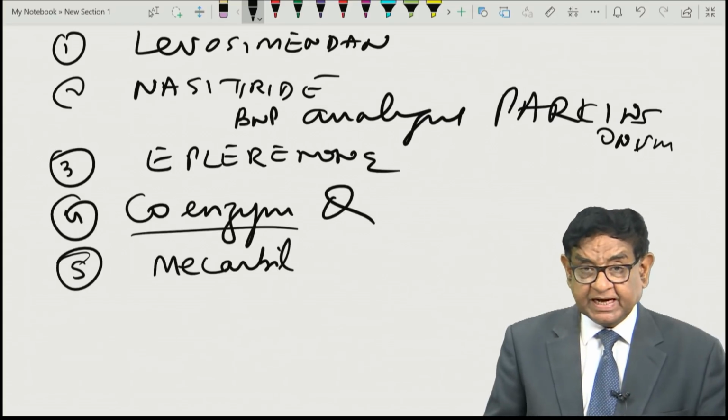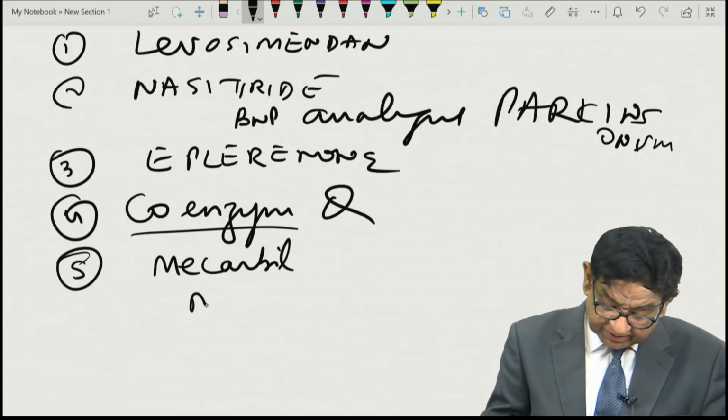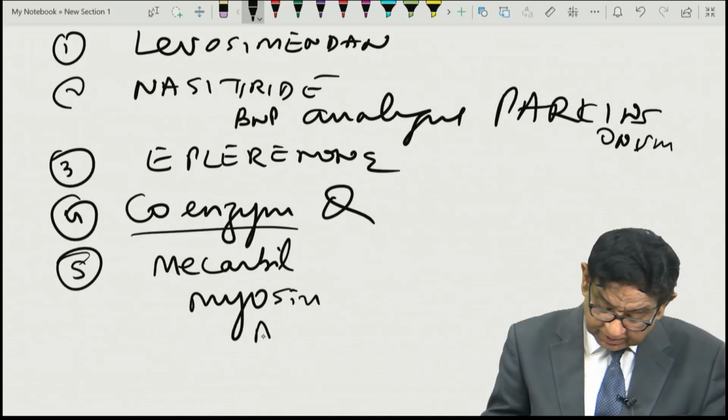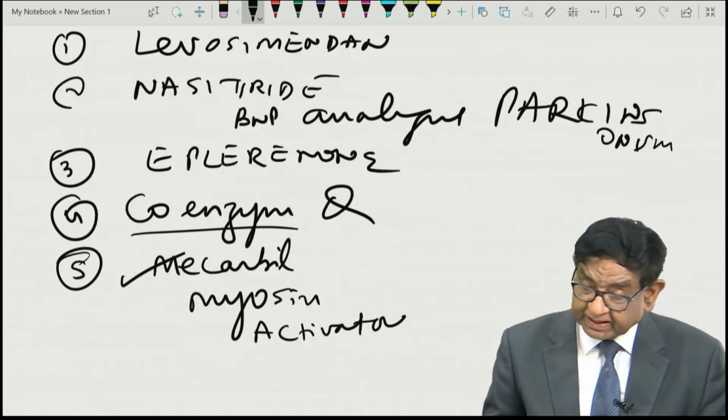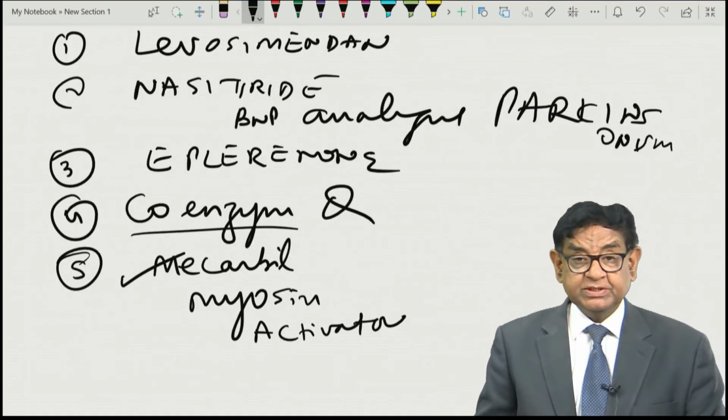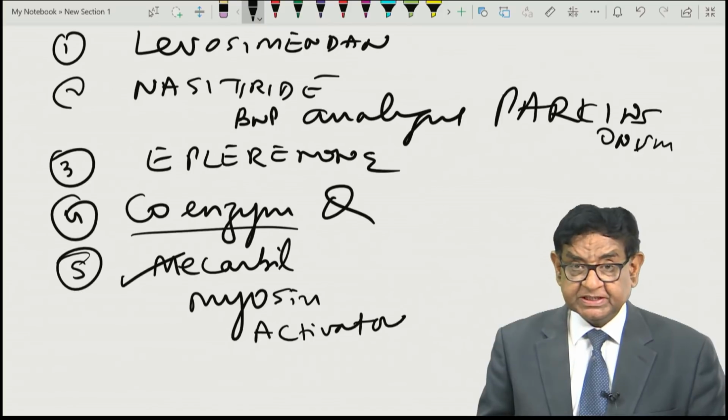Okay, this is a direct myosin activator. So these are some of the newer drugs for congestive heart failure.